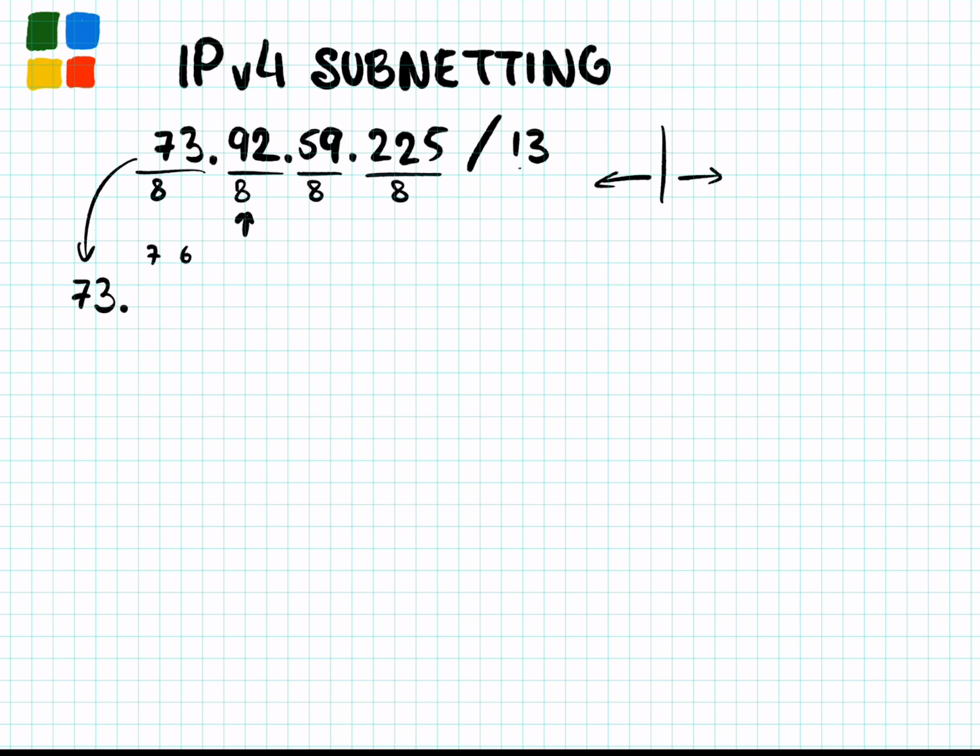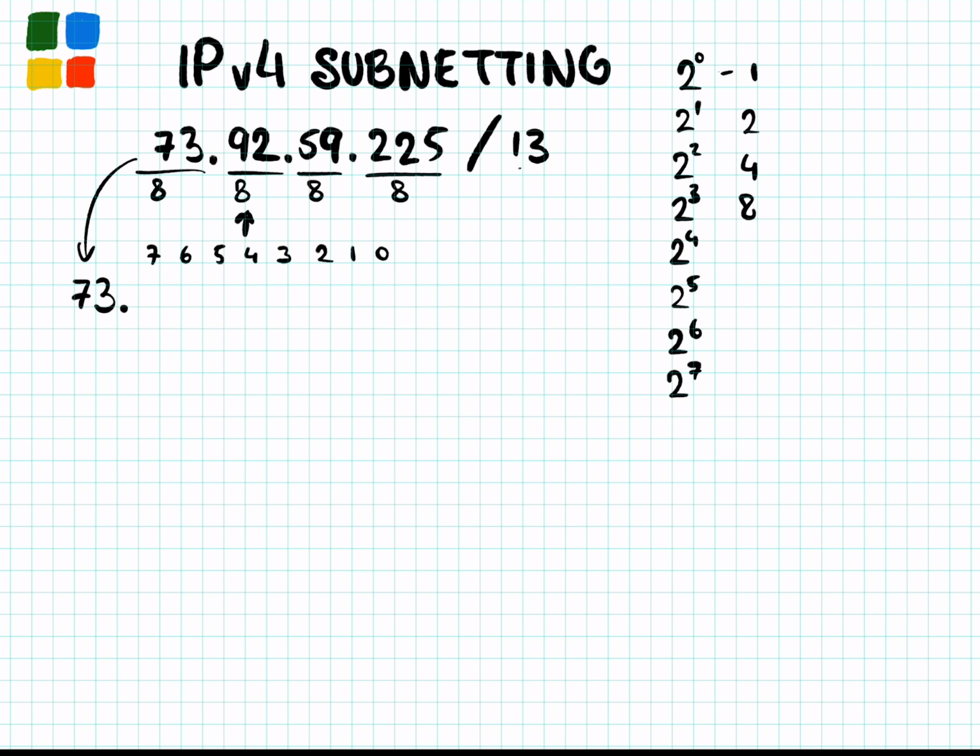We'll put 7, 6, 5, 4, 3, 2, 1, 0. Because we need to show this number as binary, as zeros and ones, a good idea would be to write all the powers of 2 here: 2 to the power of 0, 1, 2, 3, 4, 5, 6, 7. 2 to the power of 0 is 1, 2 to the power of 1 is 2, then 4, 8, 16, 32, 64, and 128.